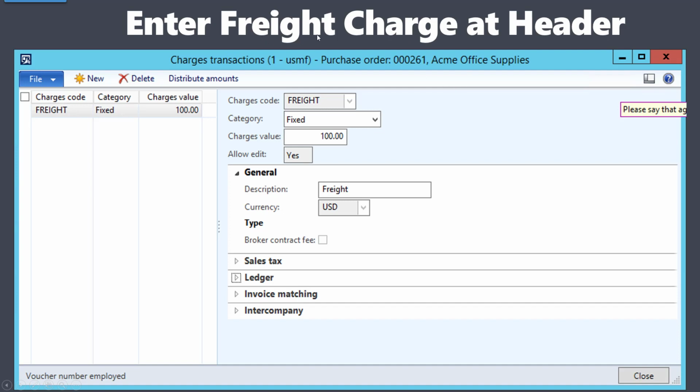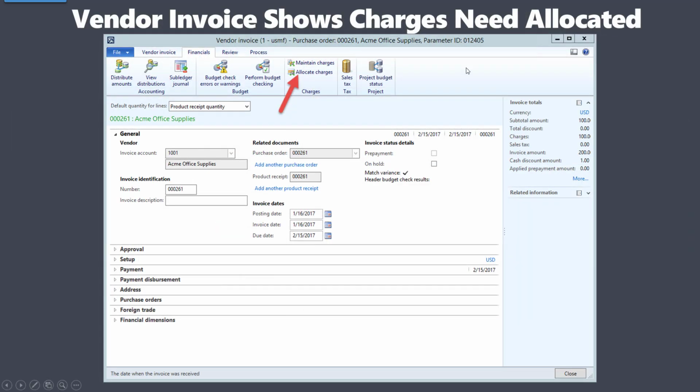Now here's where we enter the freight charge at the header. So what we're showing here is a freight charge of $100. This is on a purchase order. So we've said the charge is $100 that the vendor is charging us. If you've set it up so that the offset is inventory, which you saw in the example, it will make you allocate the charges to the line levels.